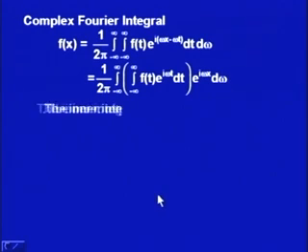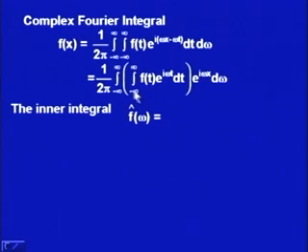So, now what we are getting is this inner integral, because this is a function of omega, we would denote it as f hat omega, the integral from minus infinity to plus infinity of f x e to the power minus i omega x dx. Now, you see that t I have changed with x.